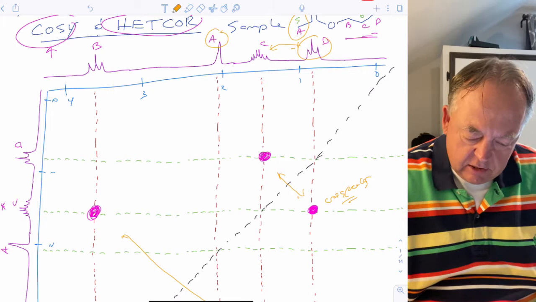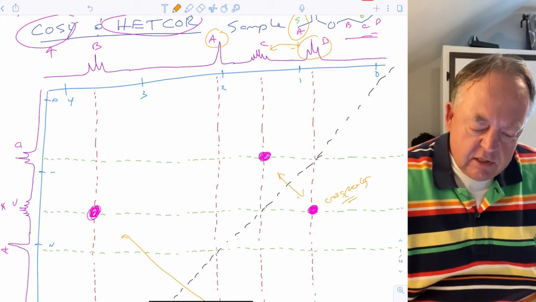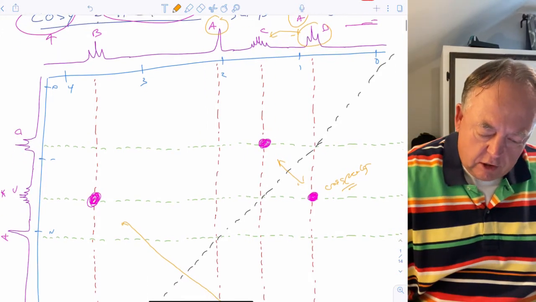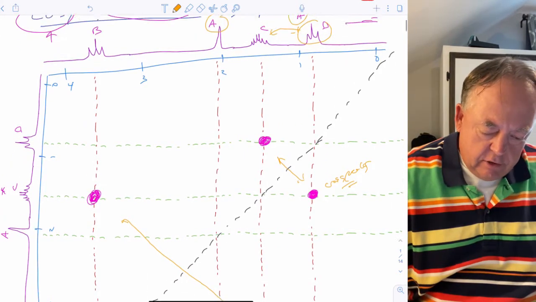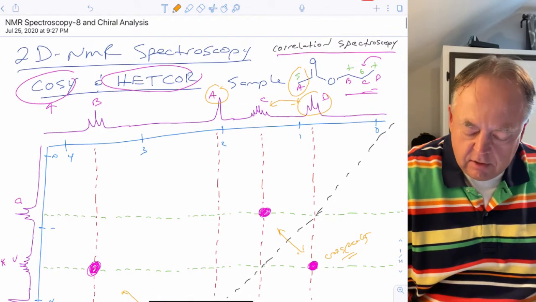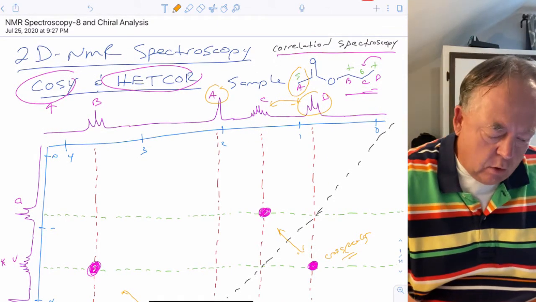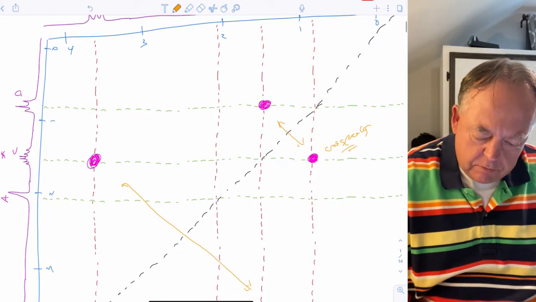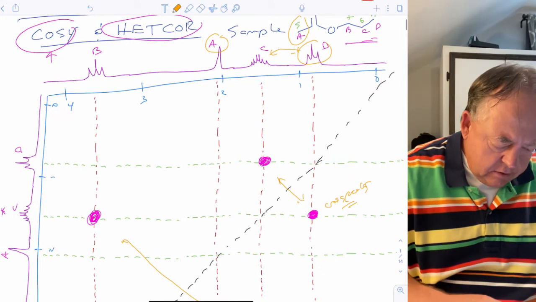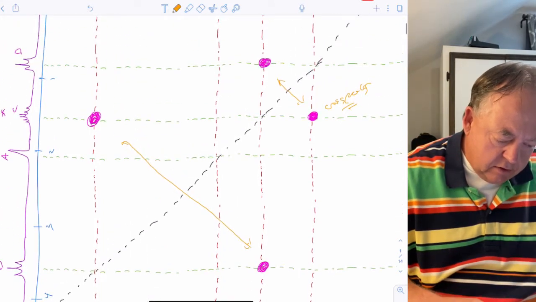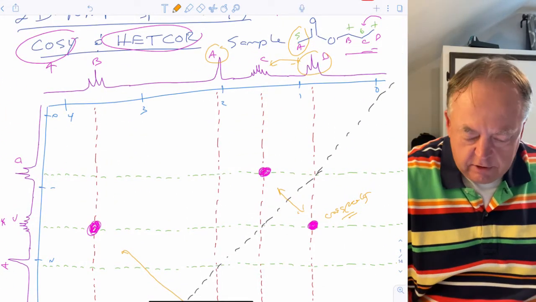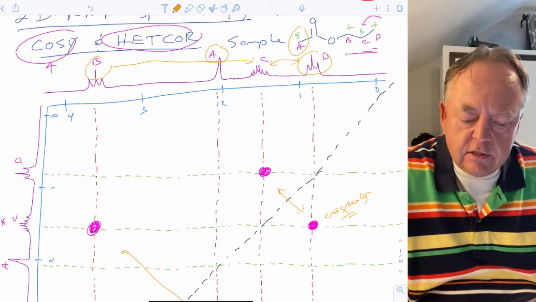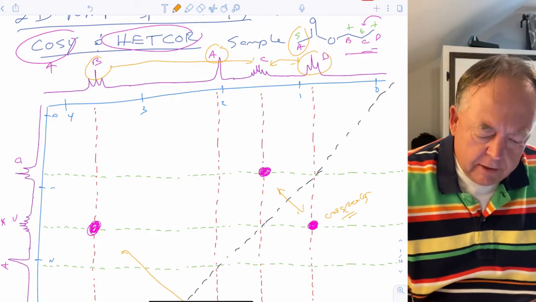The fact that D has a cross peak with C tells you that C is a neighbor to D, and the fact that C has a cross peak with D and with B tells you that C must be attached to whatever is giving rise to signal D and whatever is giving rise to signal B. And B has a cross peak with C, so it tells you that B is a triplet because it's coupled to whatever is giving rise to this signal. Okay, so hopefully that makes sense.